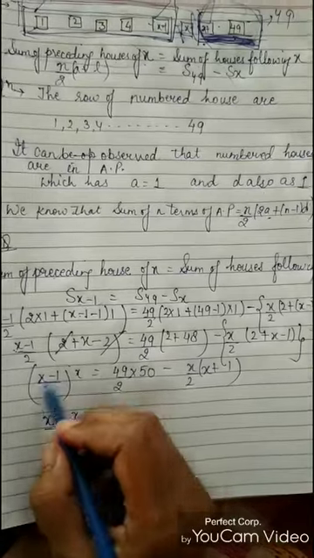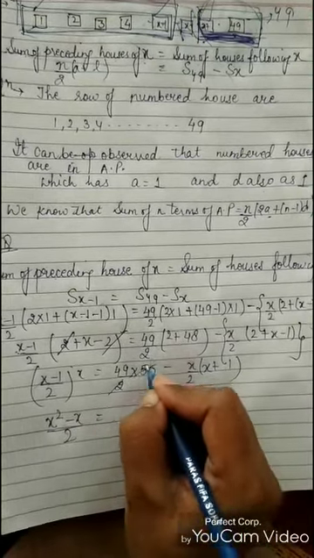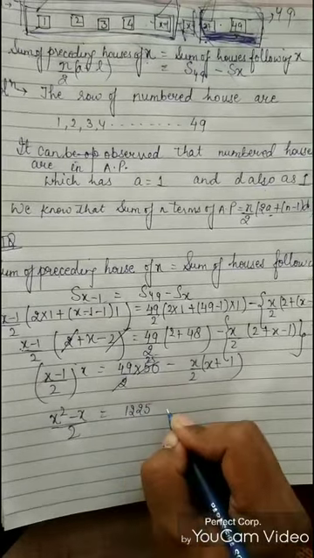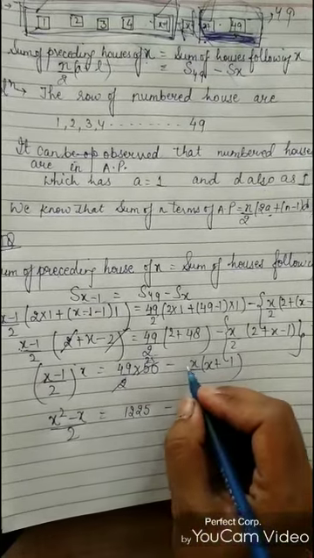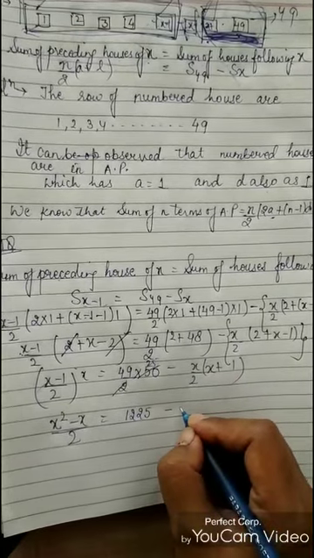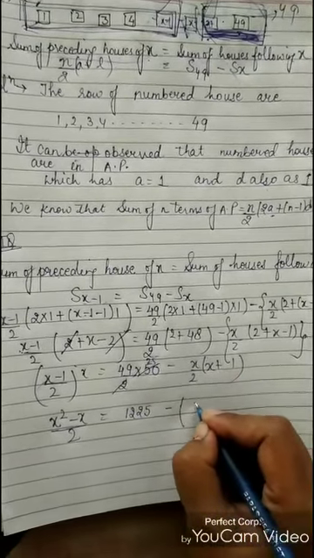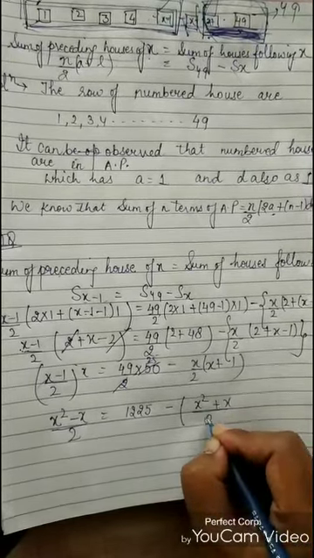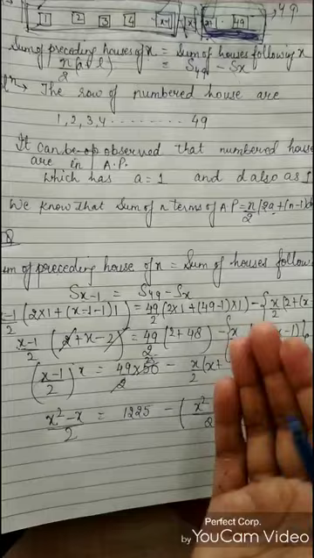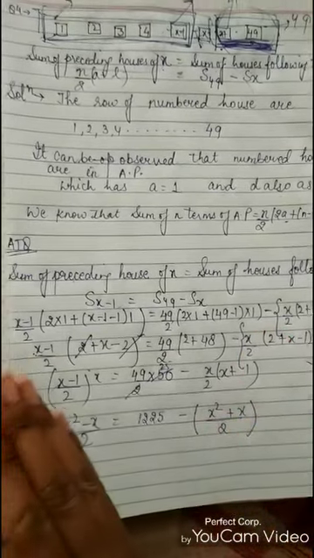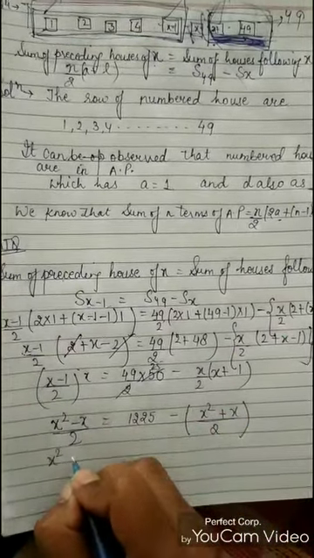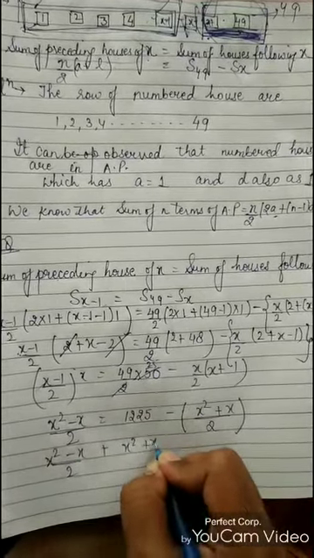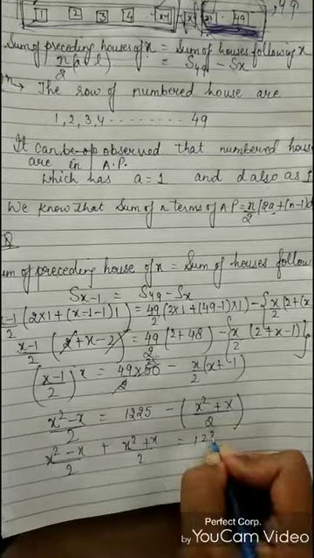Multiplying this, cancel them, 25, and 25 into 49 is 1225, minus, multiply x to both the terms. I am writing it like this, (x square plus x) upon 2. Right, shifting all these terms to LHS, (x square minus x) upon 2 plus (x square plus x) upon 2 is equal to 1225.